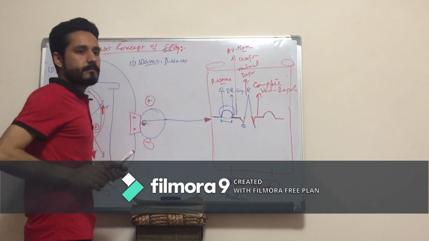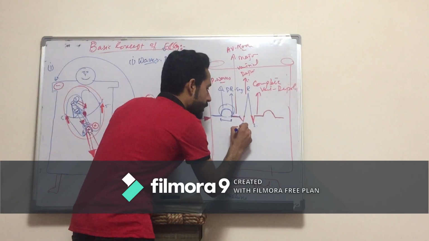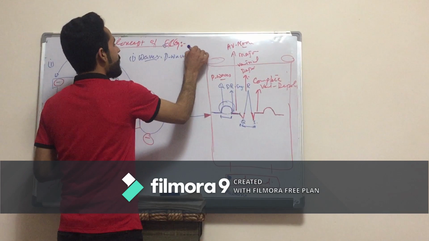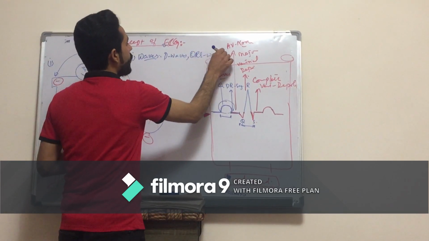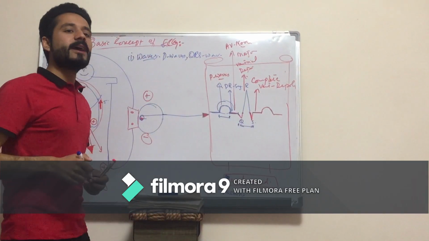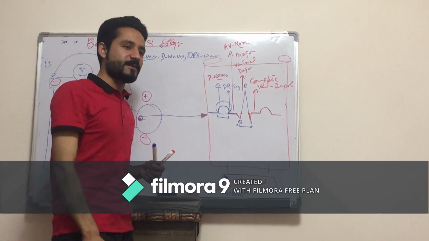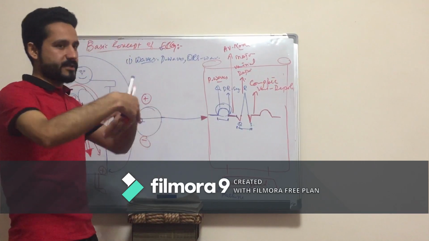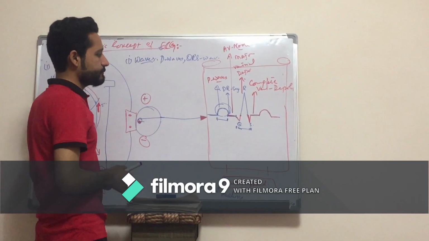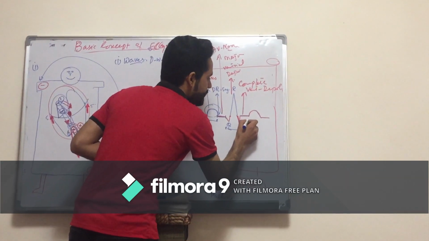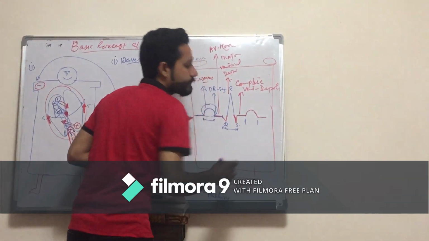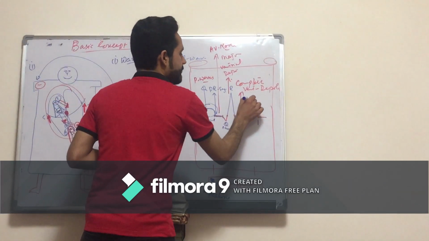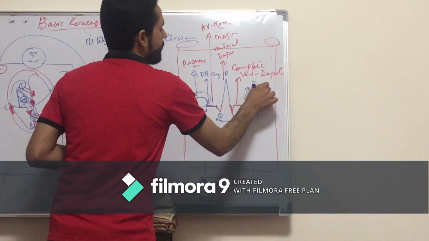And the second, from Q to S, is called the QRS wave. Why is this called the QRS complex? Because this is actually a combination of 3 different types of waves. Therefore it is called the QRS complex. Now, the third wave, which is actually what? Because of the repolarization of the ventricle, this is called the T wave.